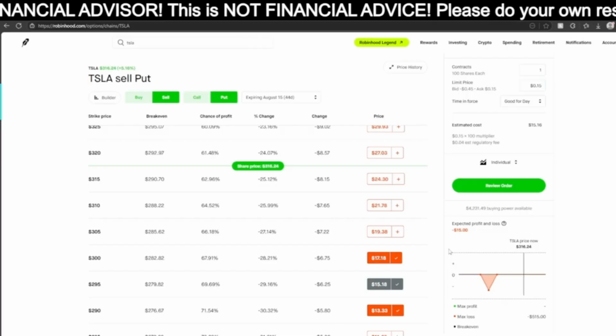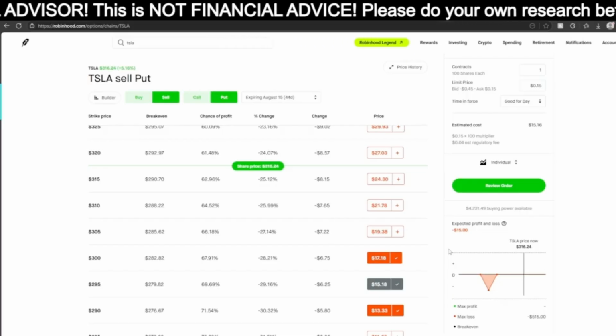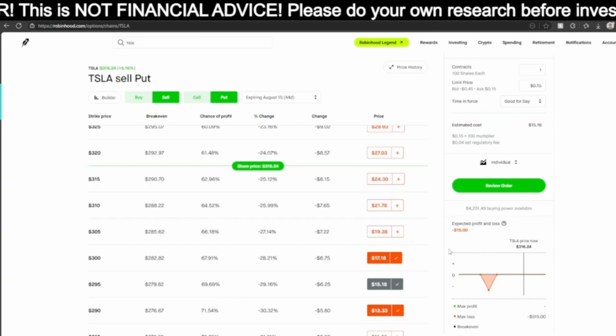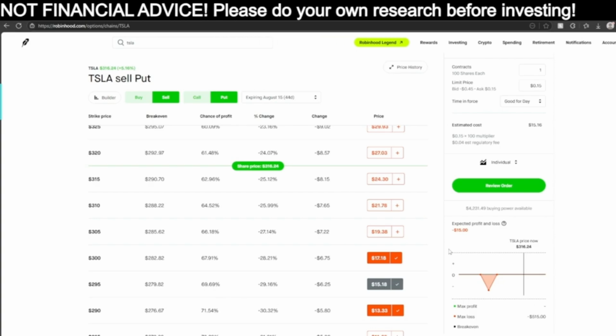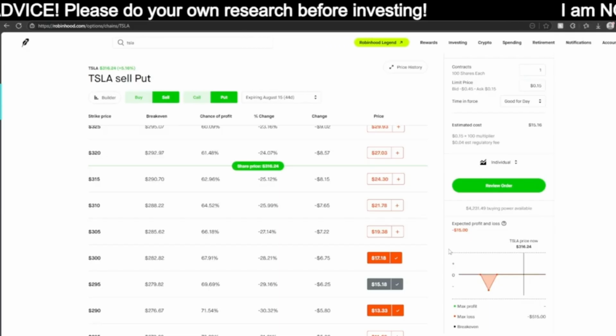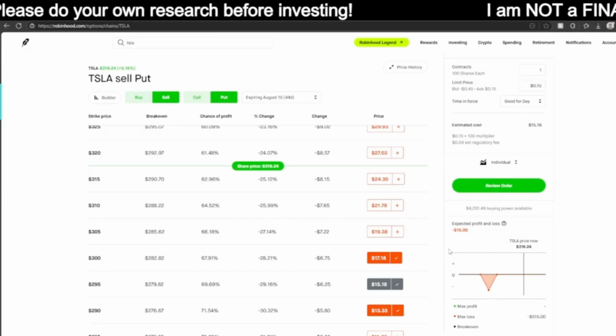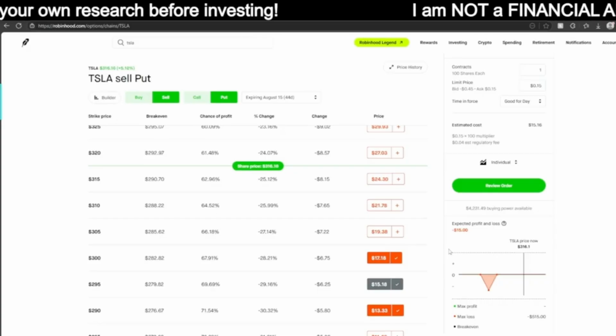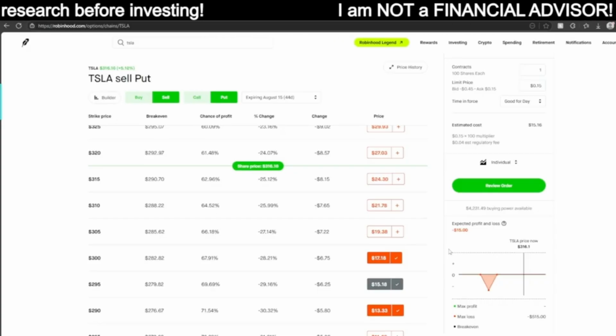Again, these are more specific advanced strategies. If you have done your research, done your due diligence, and you feel very confident that it should trade around this price by this time period, obviously, you hope that in the time period you're looking at, you don't need to wait until expiration.